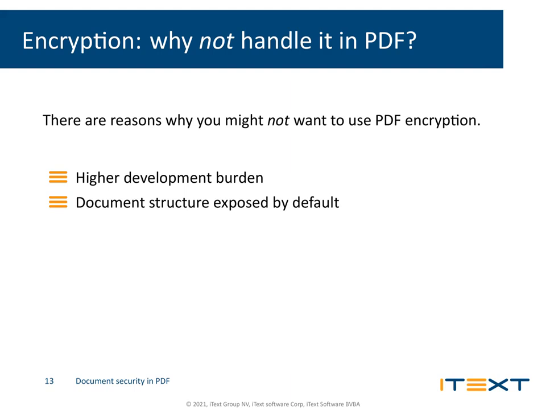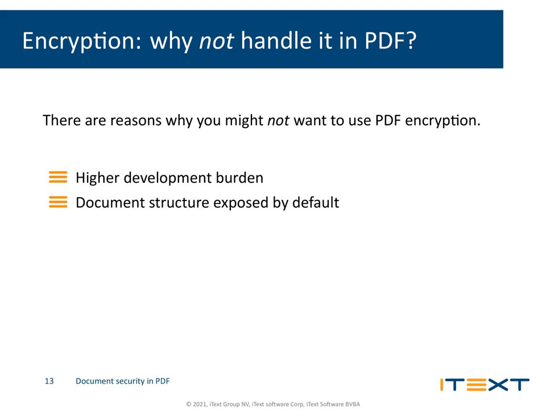Now, more intrinsically, one of the other things that is true of PDF encryption is that it exposes much of the document structure by default. For example, unless you take specific precautions to avoid this, anyone can basically investigate how many pages a document has, or whether it contains forms and a number of other things.